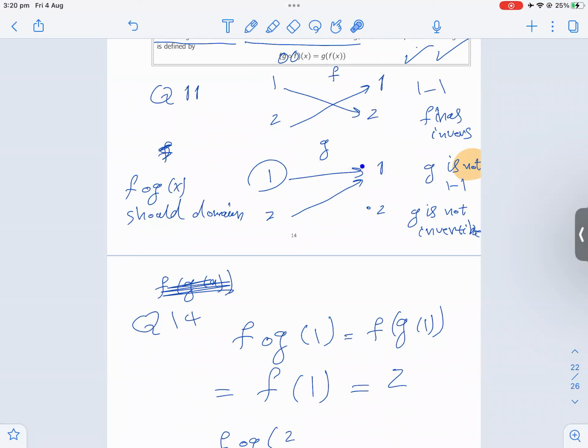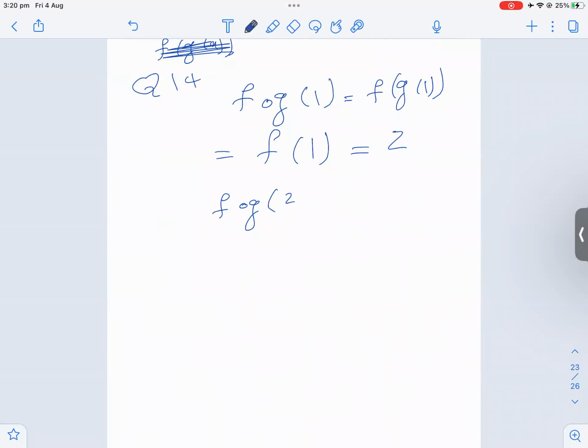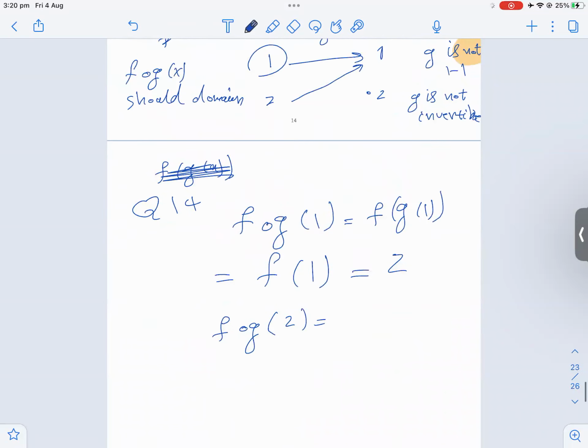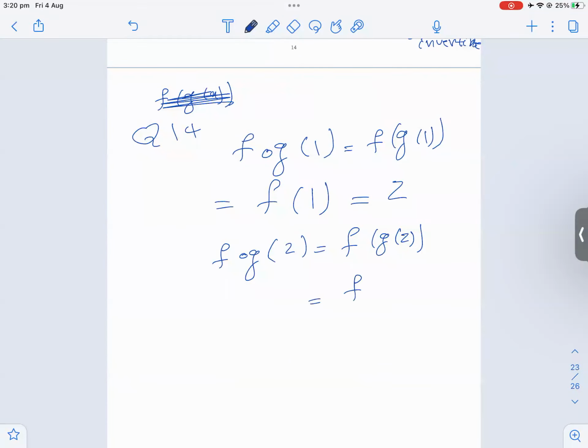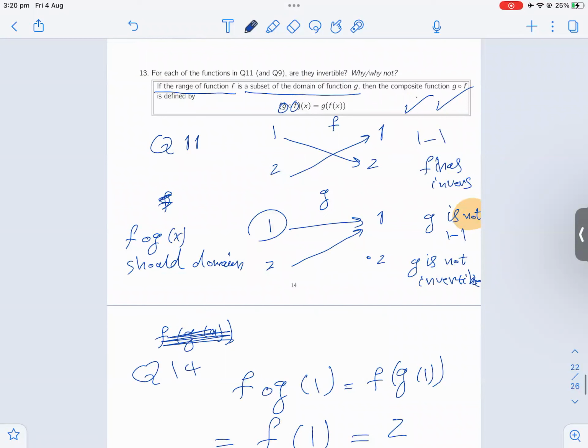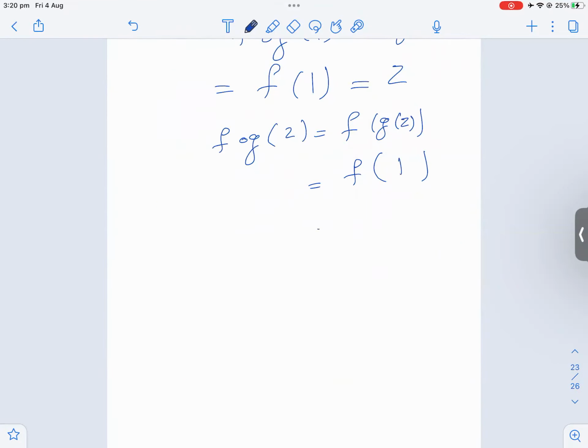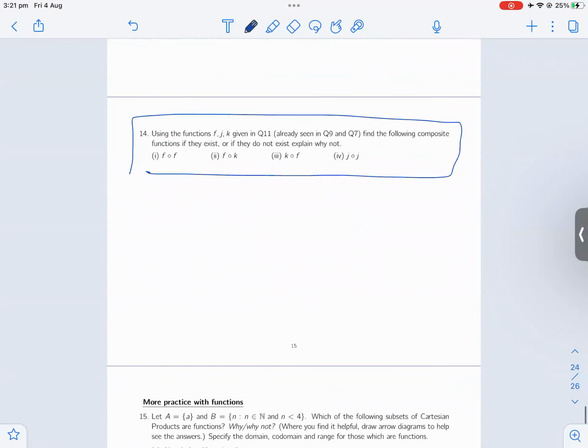The range of g is 1, and it is a subset of the domain of f. So it is possible to define f o g of x. So this one is f of g of 2. So what is f of g of 2? This is g, 1, 2. g takes 1 to 1. f of 1 is 2.